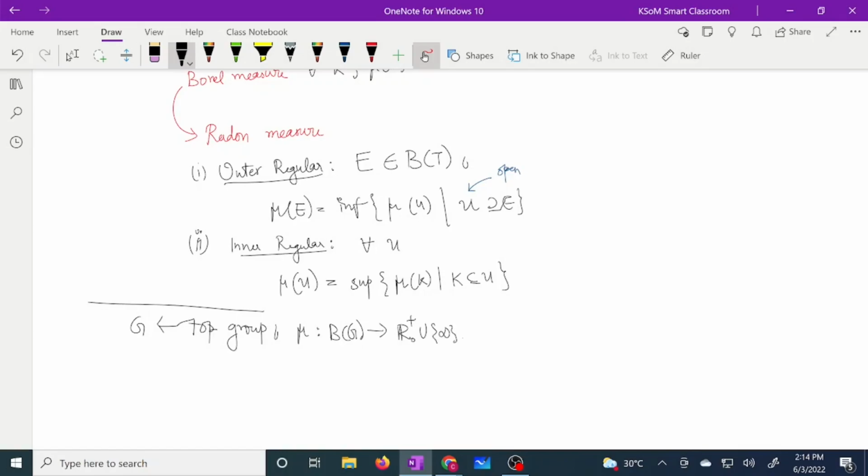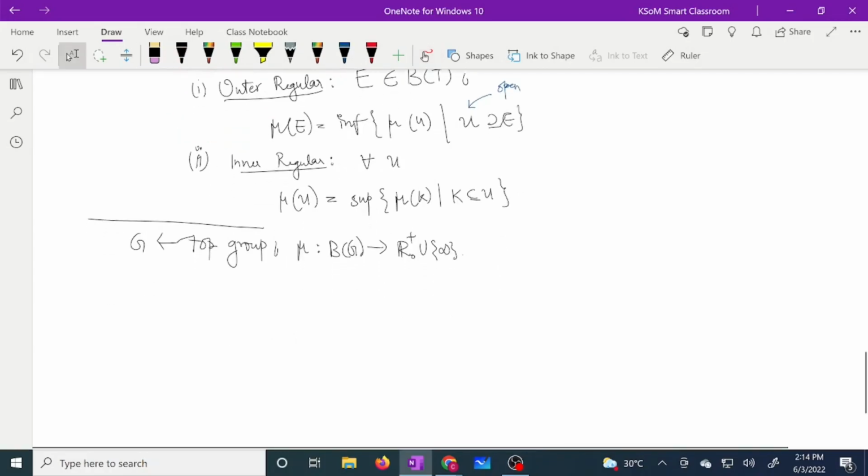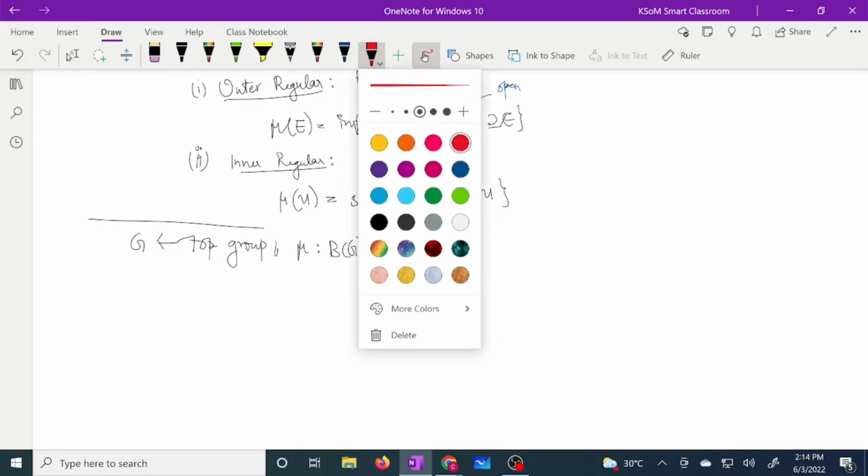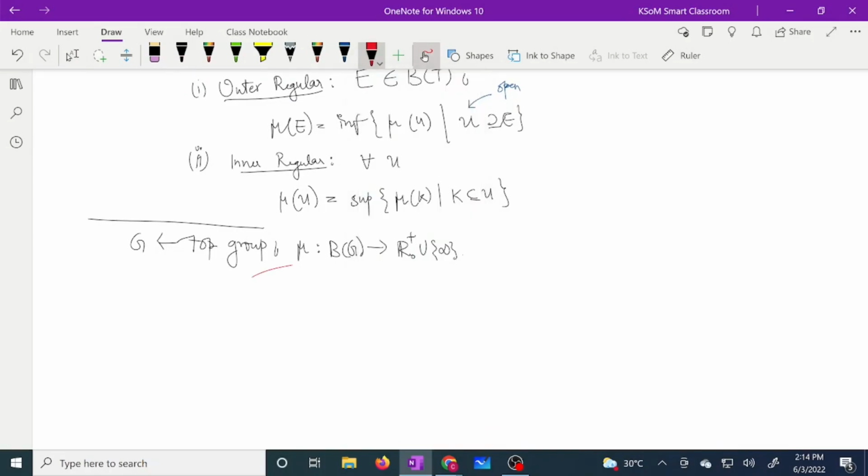Then we say that mu is a Haar measure if mu is translation invariant. We say that this is a left Haar measure if mu is left translation invariant.